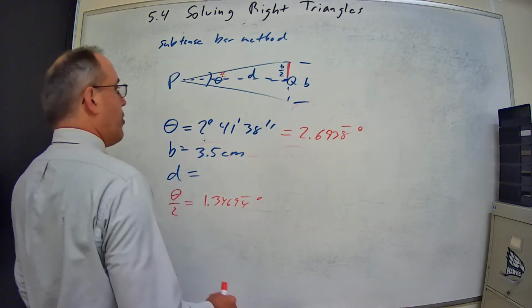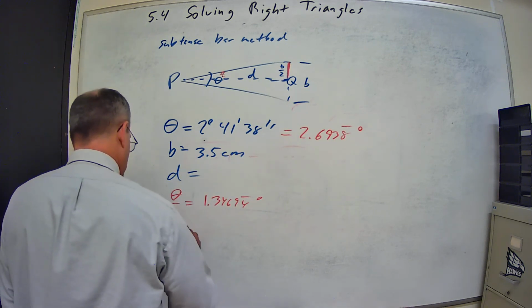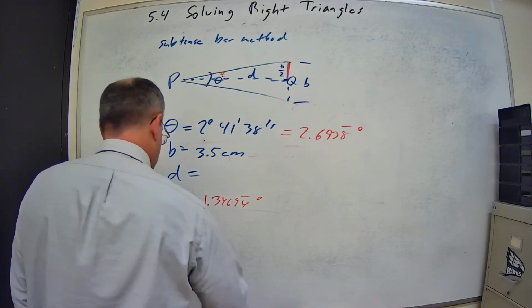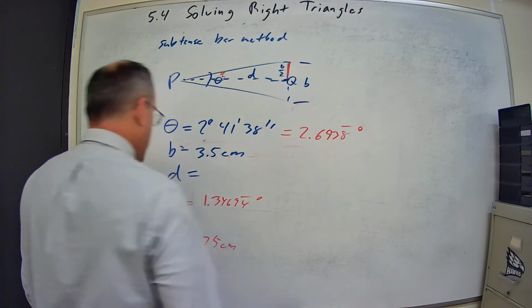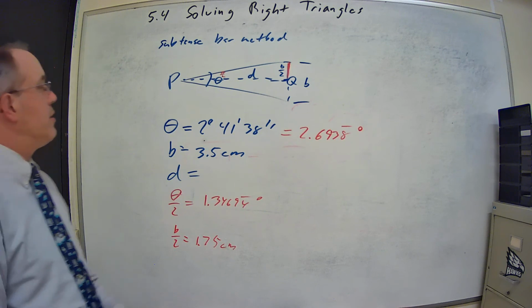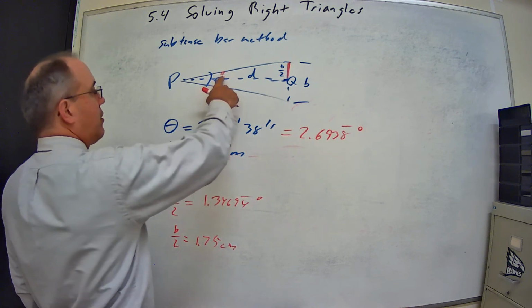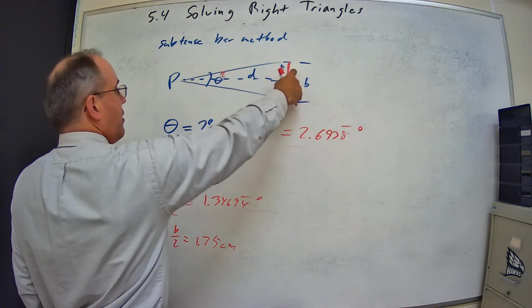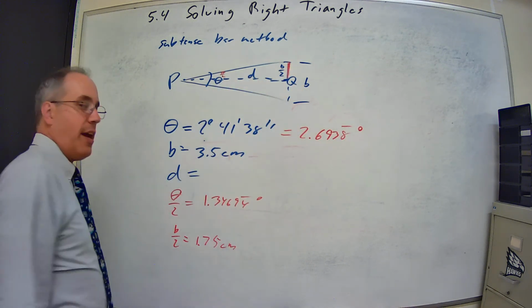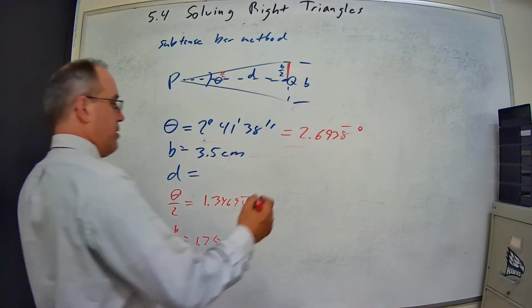If B is 3.5 centimeters, then B divided by 2 is 1.75 centimeters. So now I want to find D. Well, I have this angle. I have the side opposite. I want to find the side adjacent.